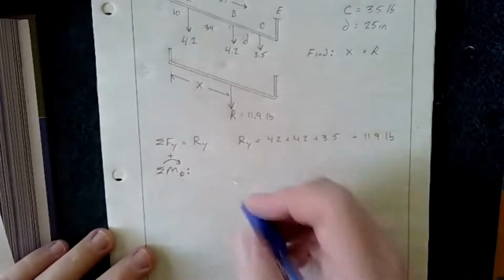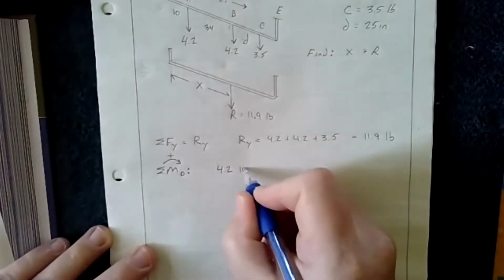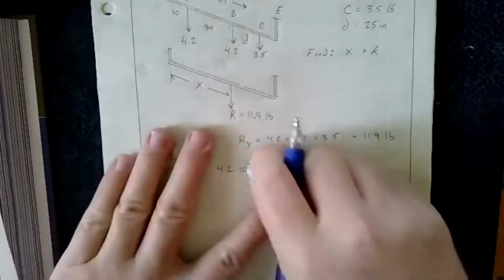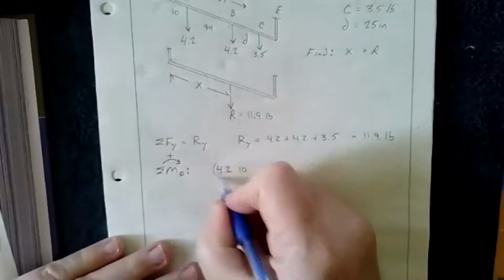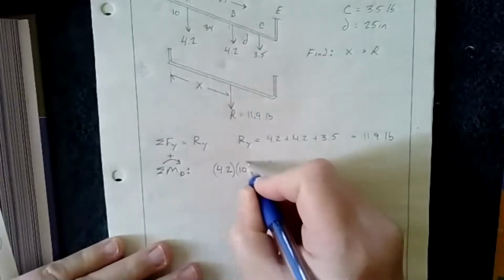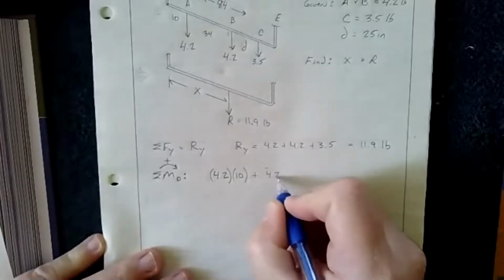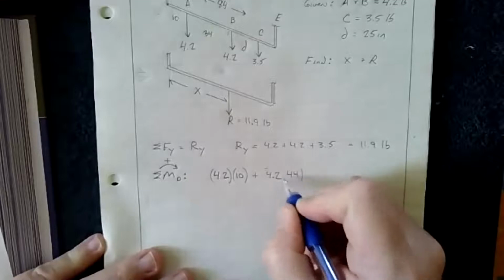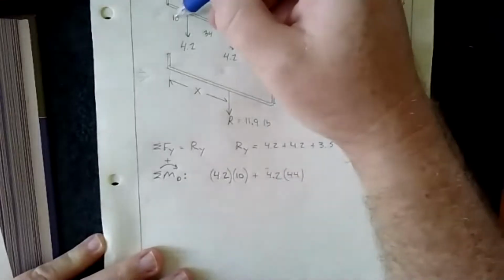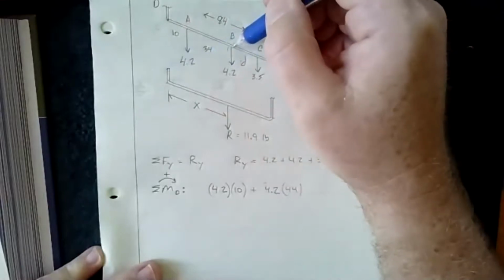So we go ahead, we know that 4.2 times 10 inches, and never do the double tick. Sorry about that, force of habit. So 4.2 times 10, we'll just leave it plain, plus 4.2 times 44. And so that's just 10 plus 34 gives us 44.